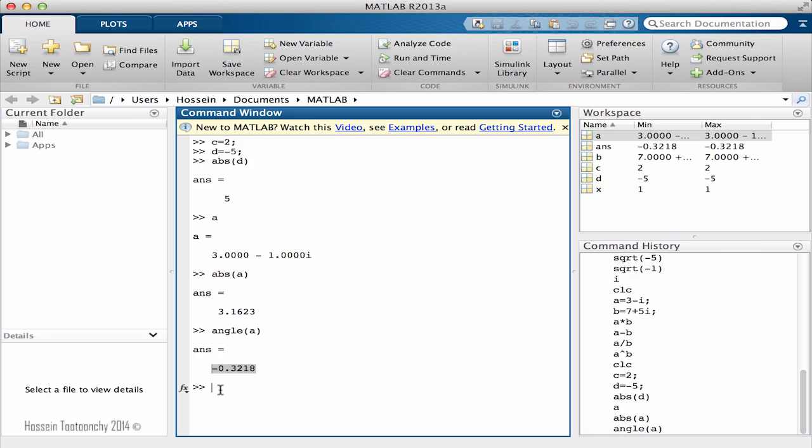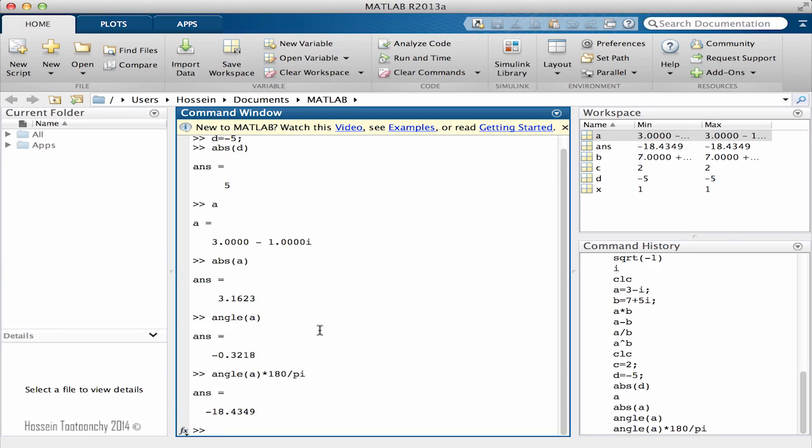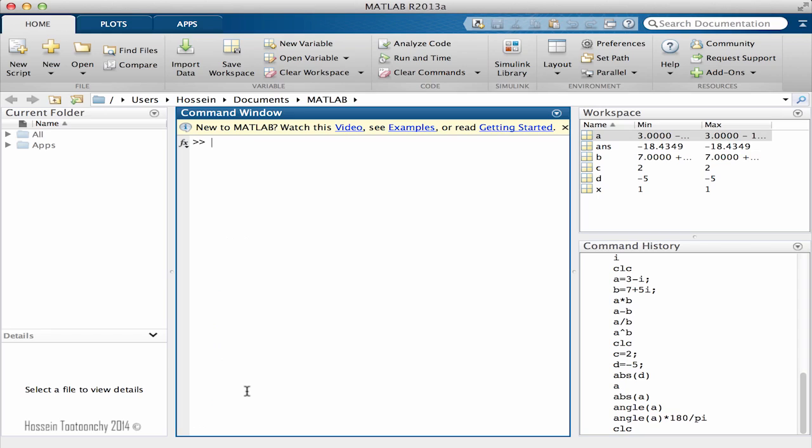If you want to get that in degrees, multiply this by 180 and divide by pi. If you do that, the result is now in degrees. Let me clear up the screen. So we learned about the absolute value, and we learned about the angle, which defines the angle between the imaginary and real part.